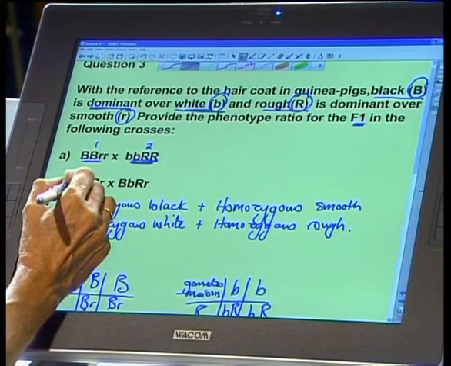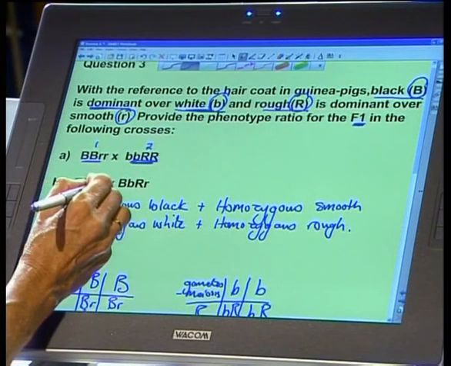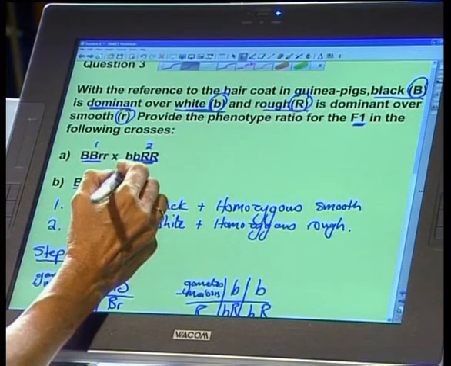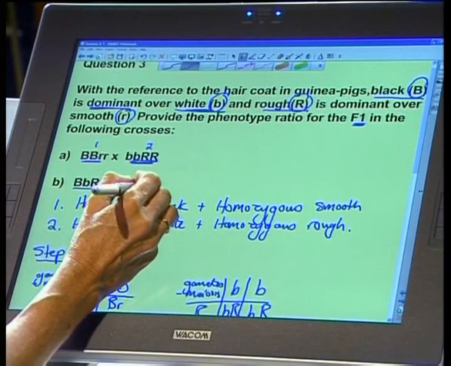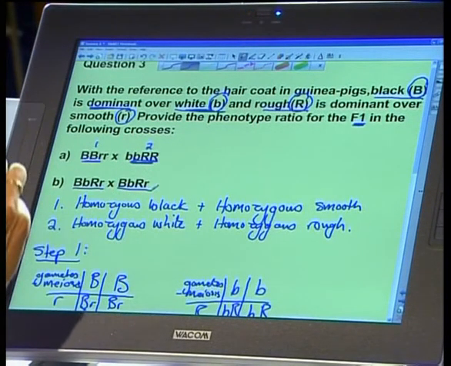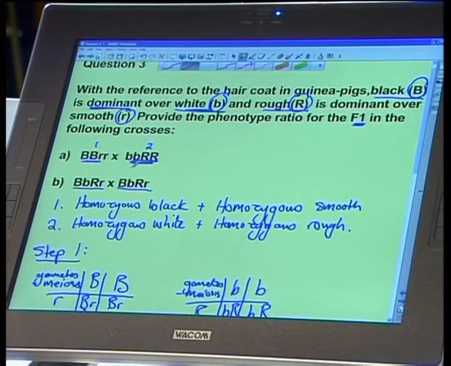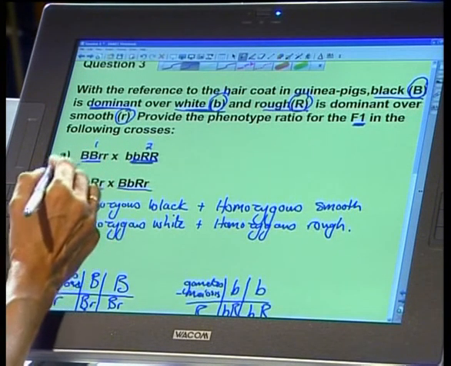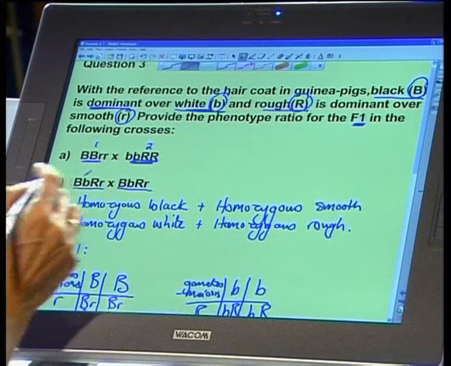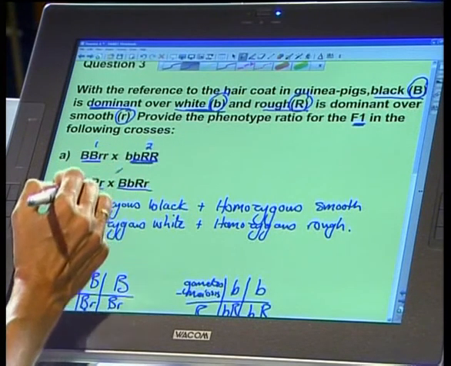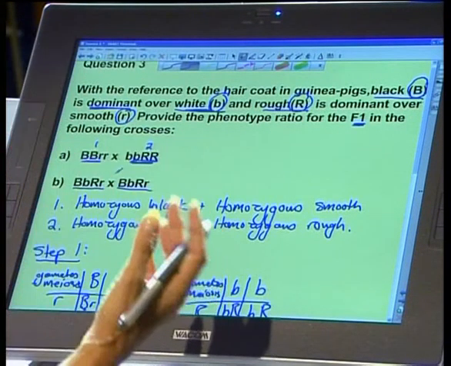Here we've got capital B, capital R, small r, and we're going to have capital B, capital R, small r. In other words, we are going to have heterozygous organisms. They are going to be heterozygous for color, and they are going to be heterozygous for rough and smooth hair.